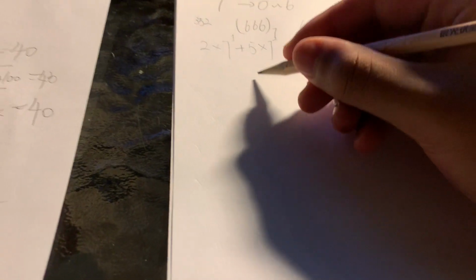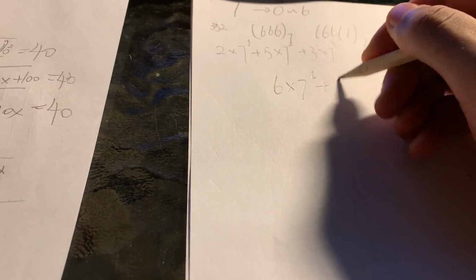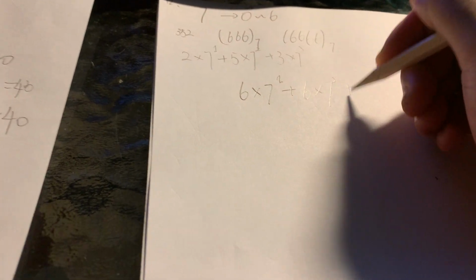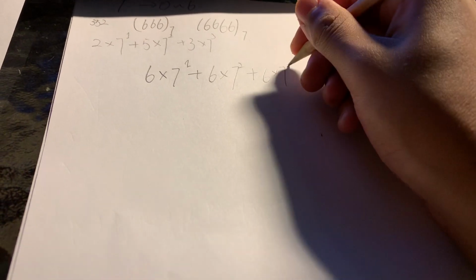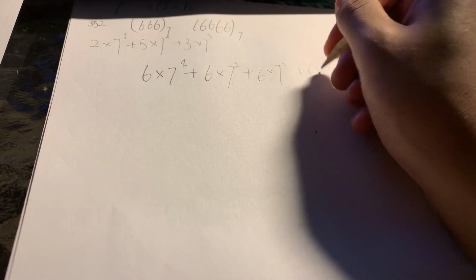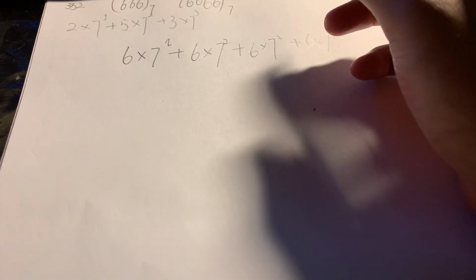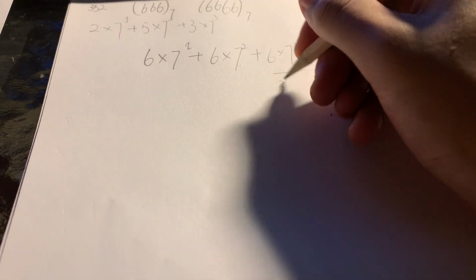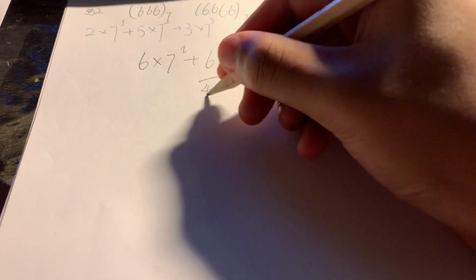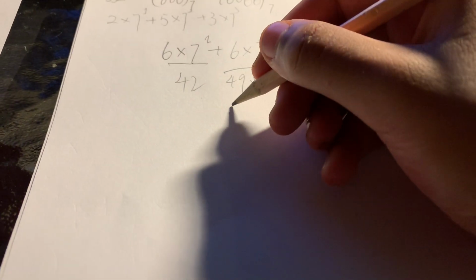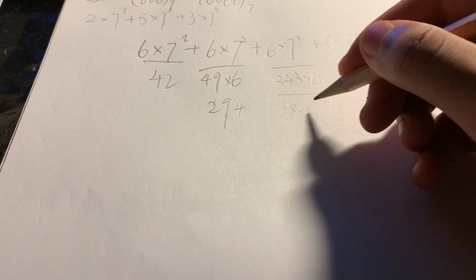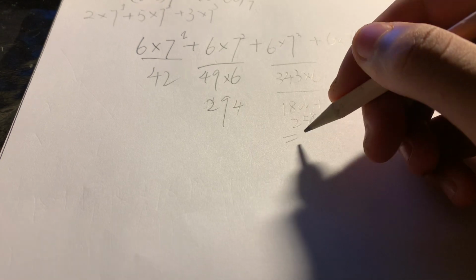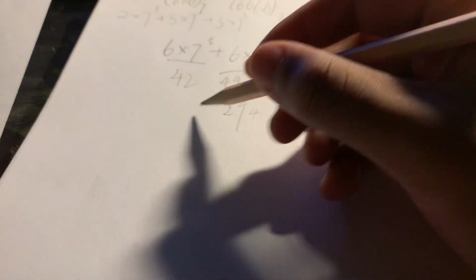So we are going to try whether it is less than 2019 or not. It is 49, 343 times 6. 49 times 6, 42. 240 plus 294. Right?